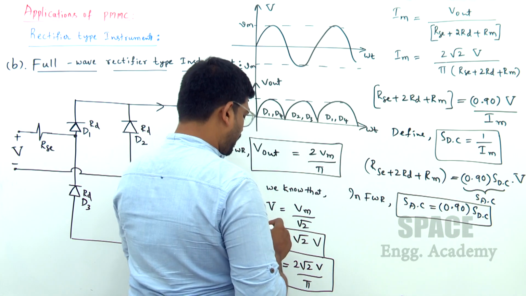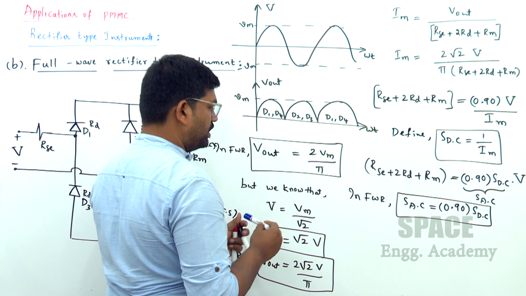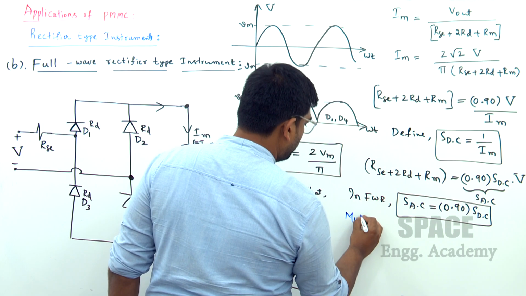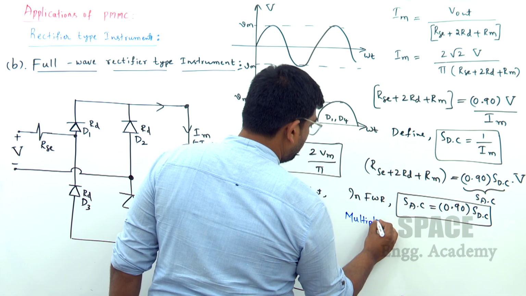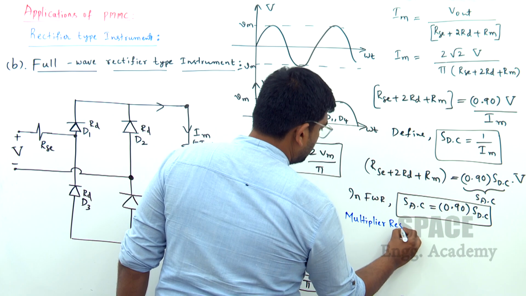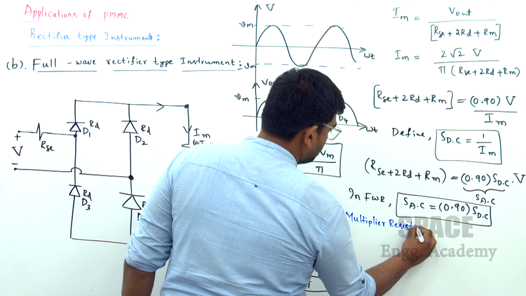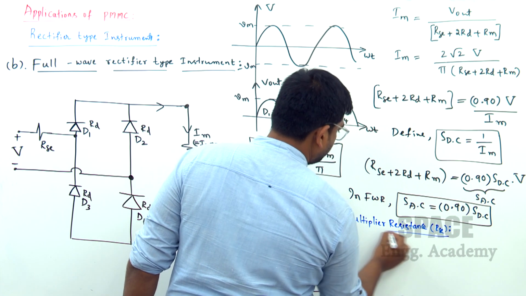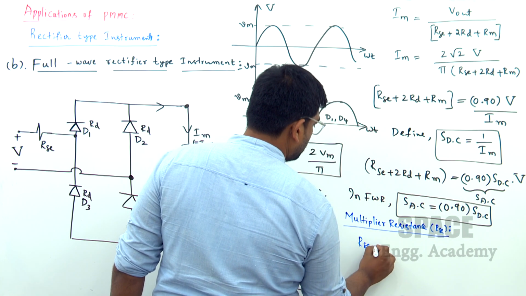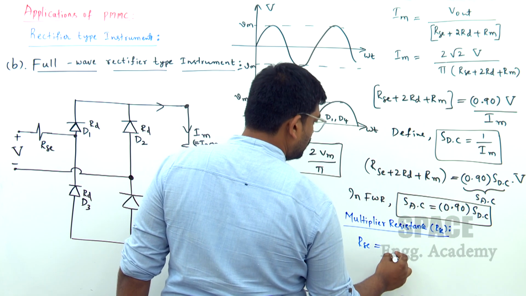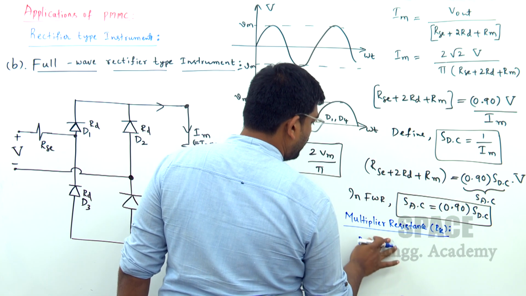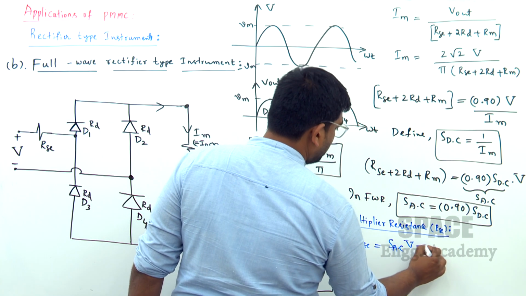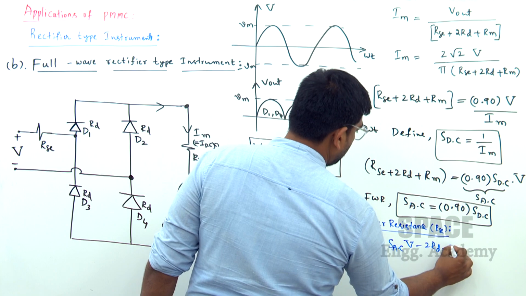So now if I am interested in writing expression for multiplier resistance, what we get? Multiplier resistance is equal to AC sensitivity into RMS minus 2 RD minus RM.